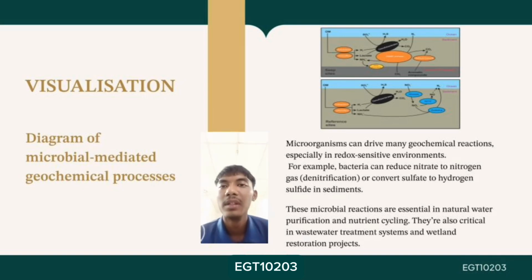For example, in denitrification, bacteria convert nitrate into nitrogen gas, which is released into the atmosphere. Another important process is sulfate reduction, where microbes turn sulfate into hydrogen sulfide, commonly found in waterlogged or anaerobic conditions.